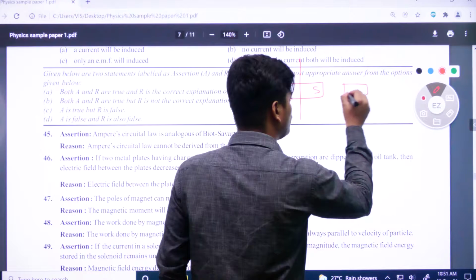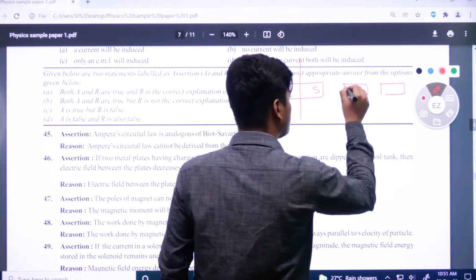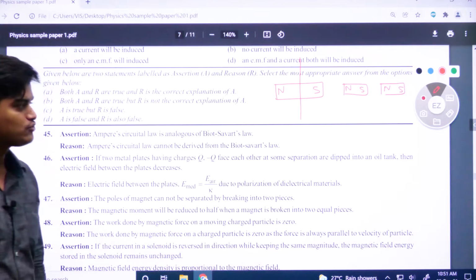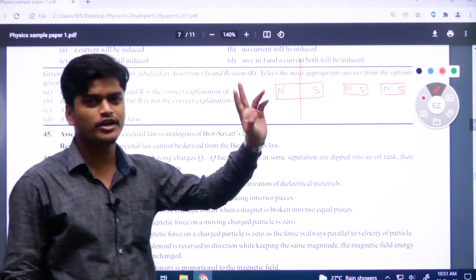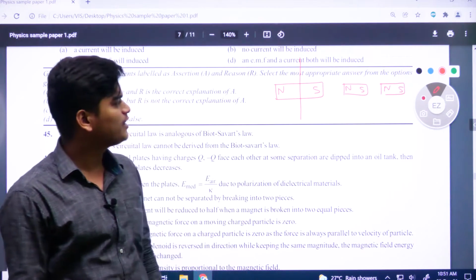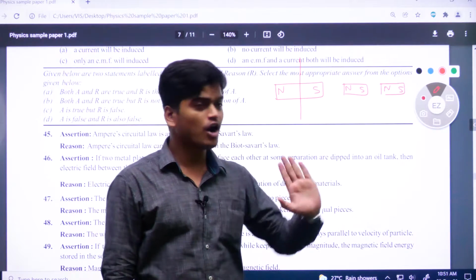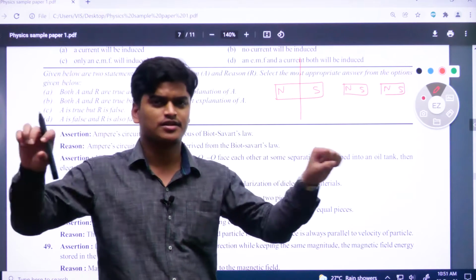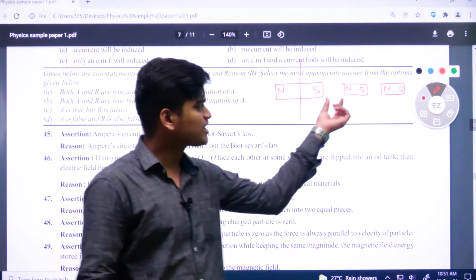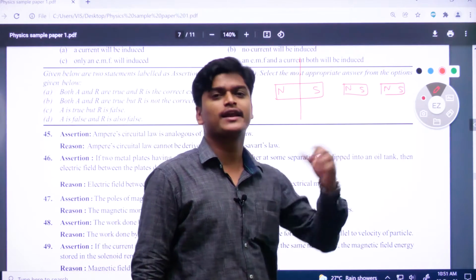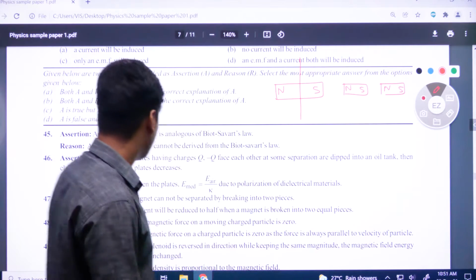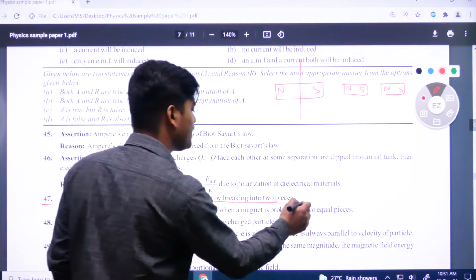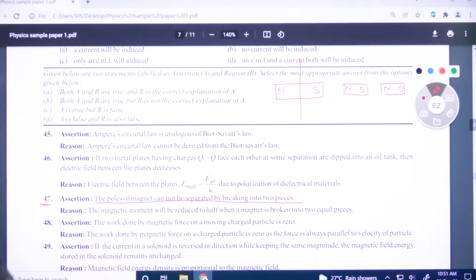Again it will become a small bar magnet, again a small bar magnet. So if you cut it into many parts, not only two parts, the bar magnet will not separate the north and south poles differently. The north pole and south pole will again make another bar magnet. So what they are telling in 47, that the poles of a magnet cannot be separated by breaking into two pieces, is correct.